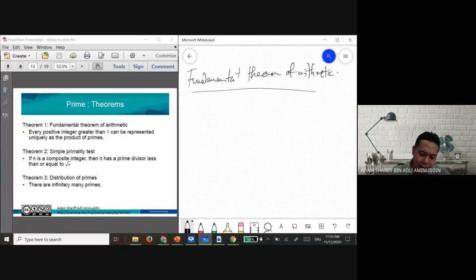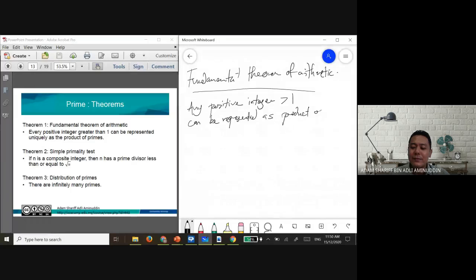Okay, apa maksud dia? Any positive integer larger than 1 can be represented as a product of primes.